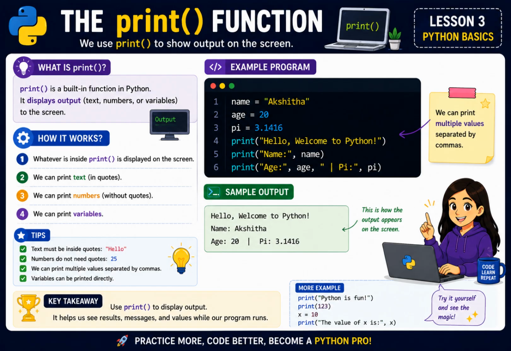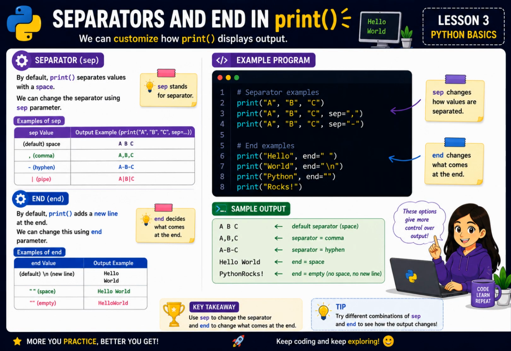Next is about sep and end. The print function also provides some useful parameters. The first one is sep. By default, Python separates multiple values with a space. Using sep, we can change the separator, for example, a comma, a hyphen, or even a vertical bar.